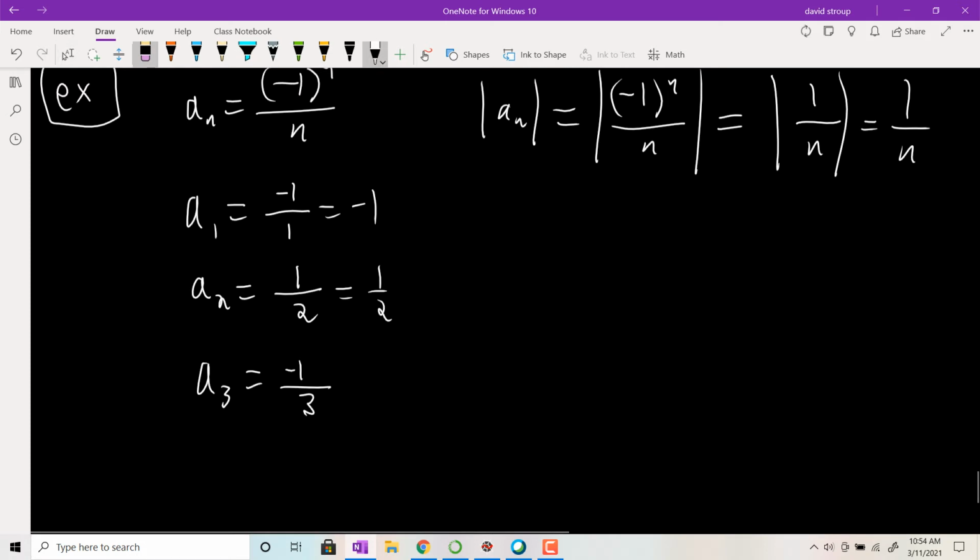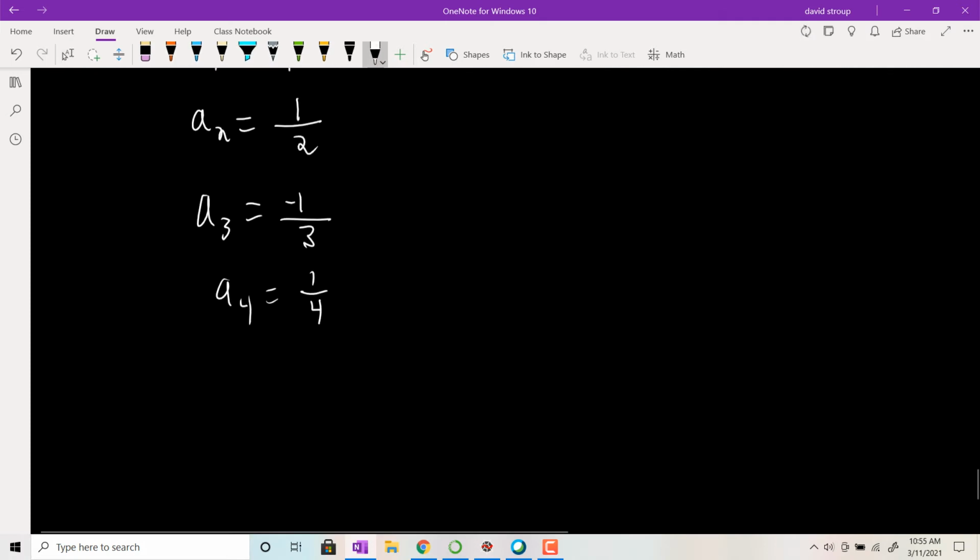A sub 4 will be negative 1 to the 4th power, which is positive 1 all over 4. You getting the idea here? Let's do one more. A sub 5 will be negative 1 to the 5th, which is negative 1 all over 5. Okay, that's good enough for now.